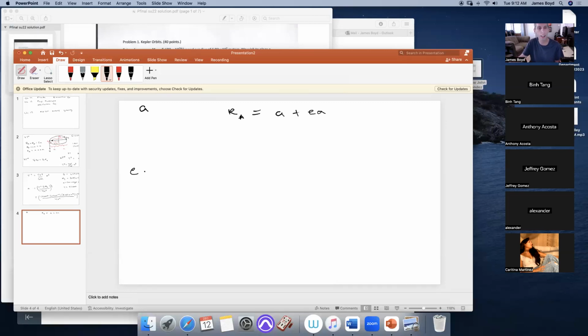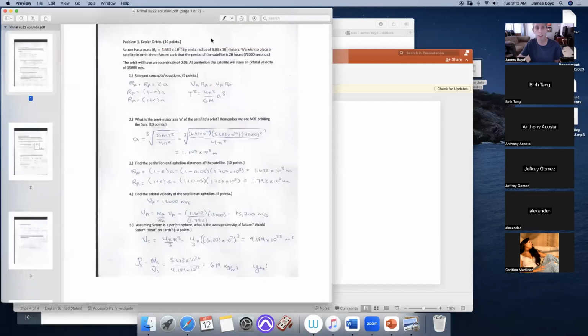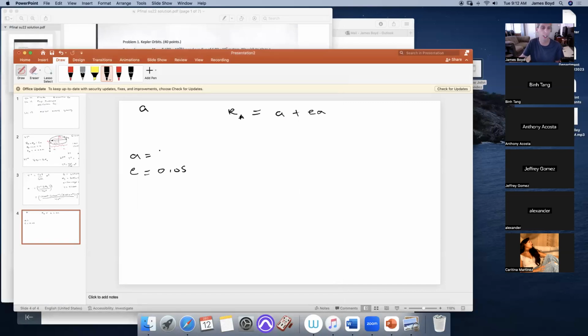Here our E was 0.05, and our A, which we just found, was 1.707 times 10 to the 8th meters. E has no units. So we could pull an A out, and this is just A times 1 plus E. We can find the perihelion distance, because the perihelion distance is A minus EA, so it's A times 1 minus E.